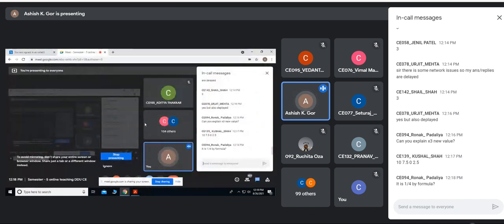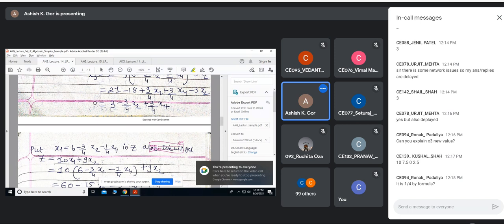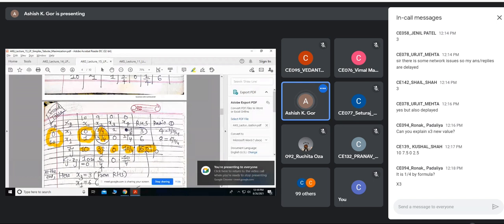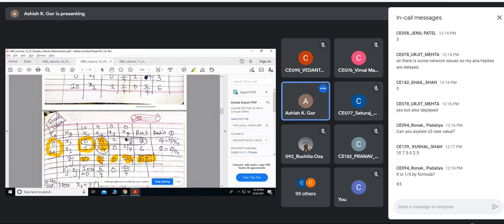You can also see it is 1 by 4 by formula. Okay, x3. So you are talking about this value.